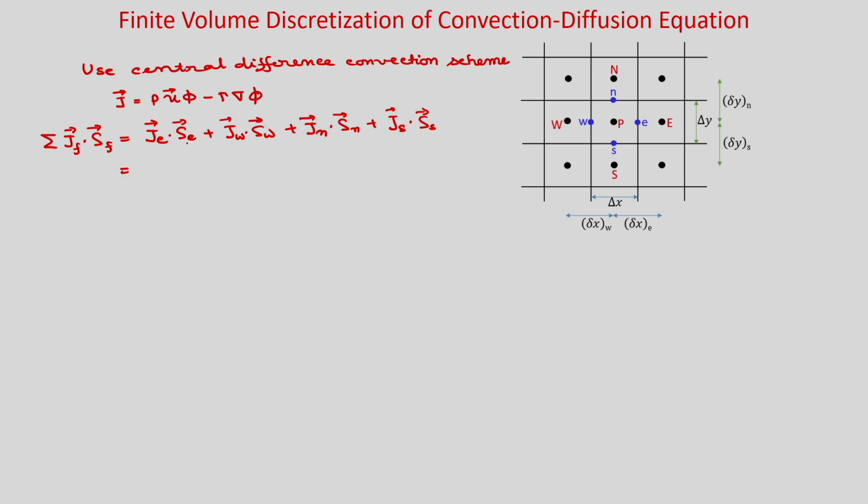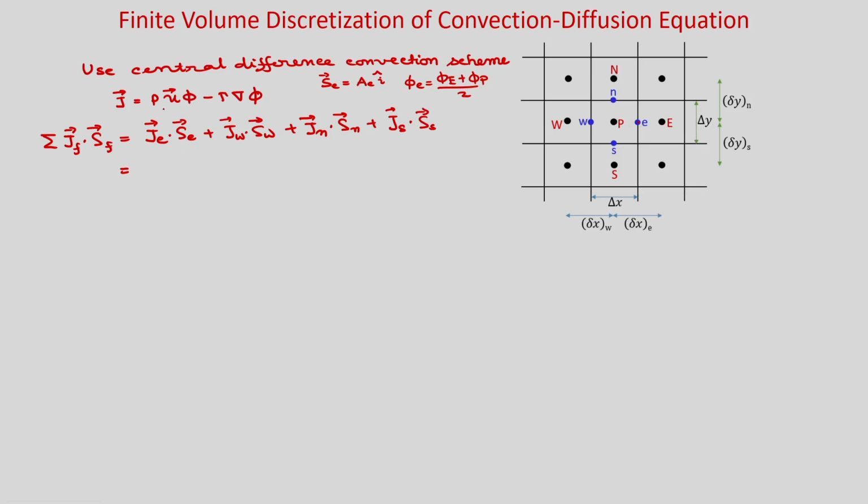So, what is A_e? A_e is your A_e. So, what you will get? J_e dot A_e, now you are going to get using central difference. So, phi_e you will take average of phi_E plus phi_P divided by 2, okay, because at this east face you are finding. So, using uniform grid, phi_E plus phi_P divided by 2.